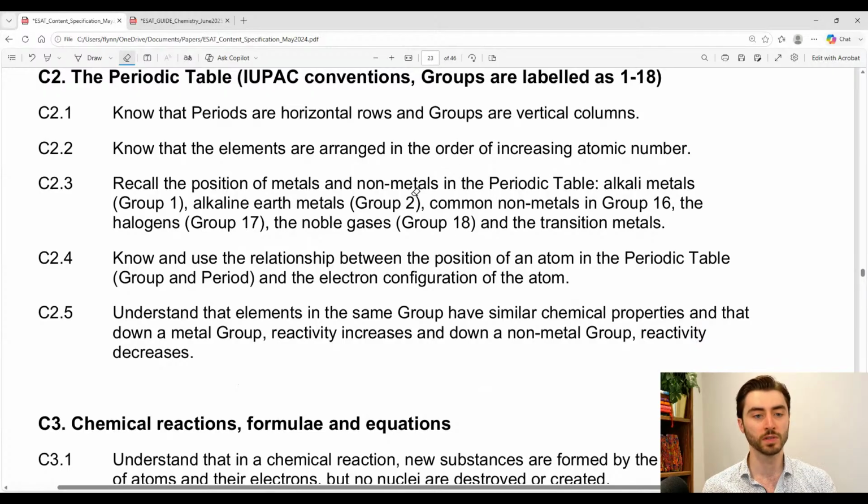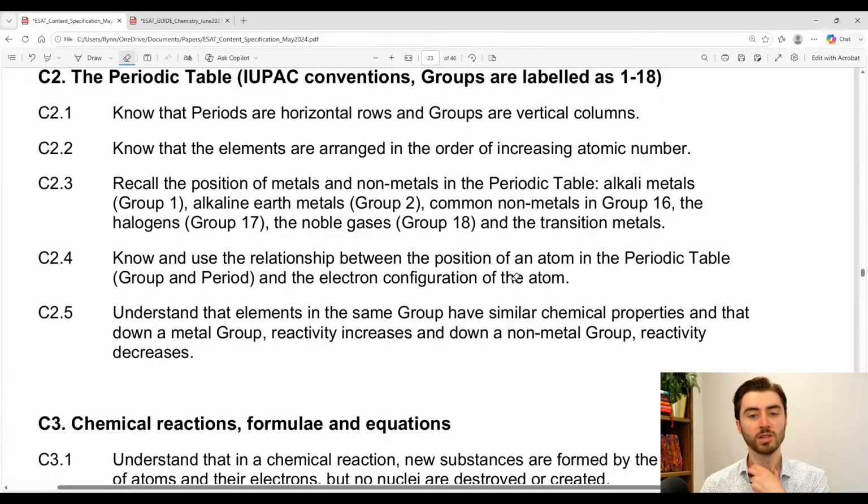Metals are towards the left. Alkali metals are in group 1. Alkaline earth metals are in group 2. The most common nonmetals are in group 16, oxygen and sulfur. The halogens: fluorine, chlorine, bromine, iodine. Noble gases, can't be bothered to learn those. Transition metals in the middle.